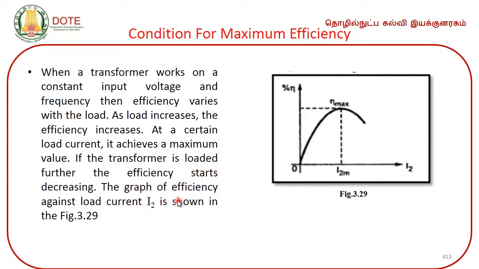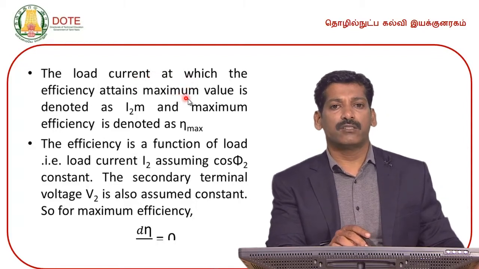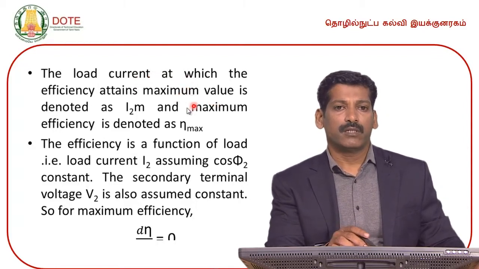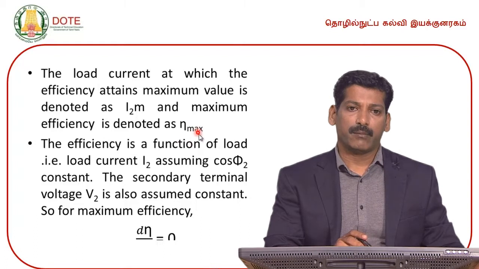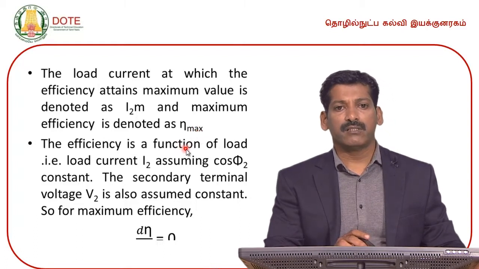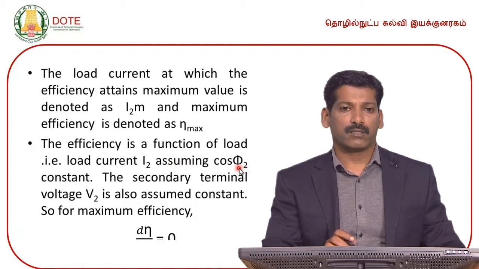The graph of efficiency against the load current I2 is shown in figure 3.29. The load current at which the efficiency attains maximum value is denoted as I2 max, and the maximum efficiency is denoted as eta max. The efficiency is a function of load, that is the load current I2, assuming cos phi 2 as constant.